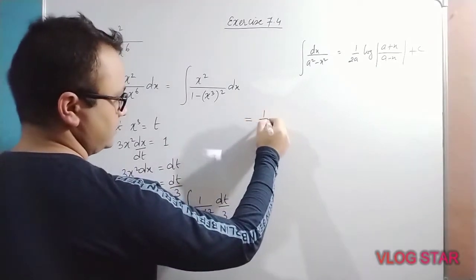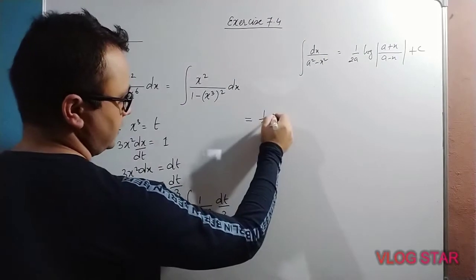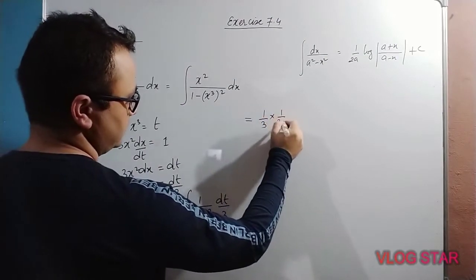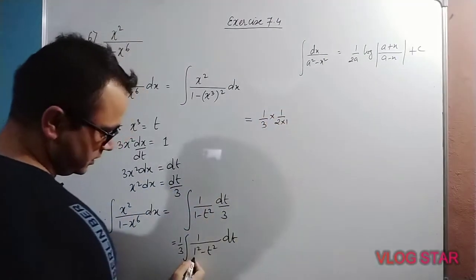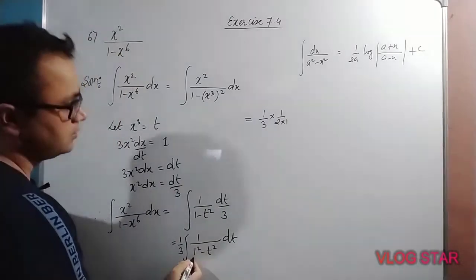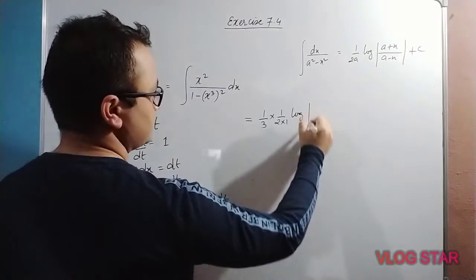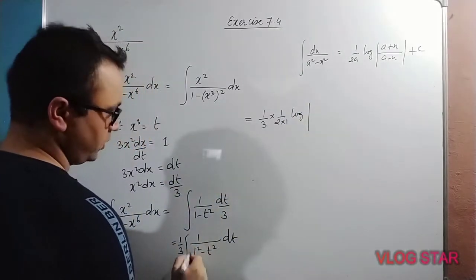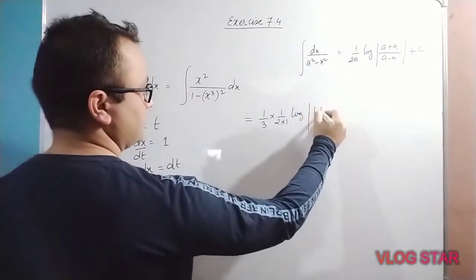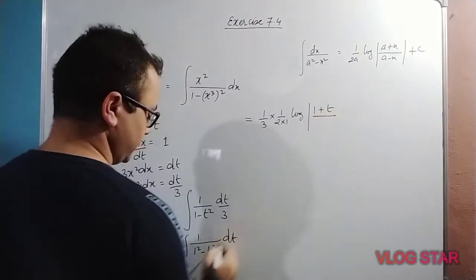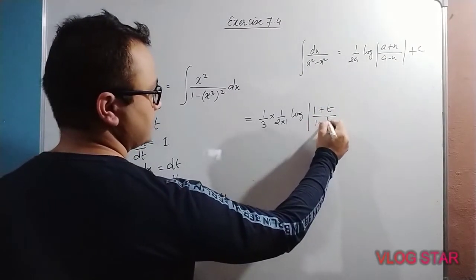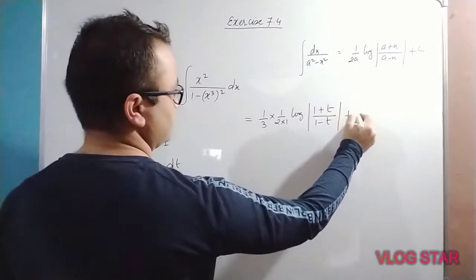So 1 by 3 is here, after that into 1 by 2a, where a is 1, log of 1 plus t divided by 1 minus t, plus c.